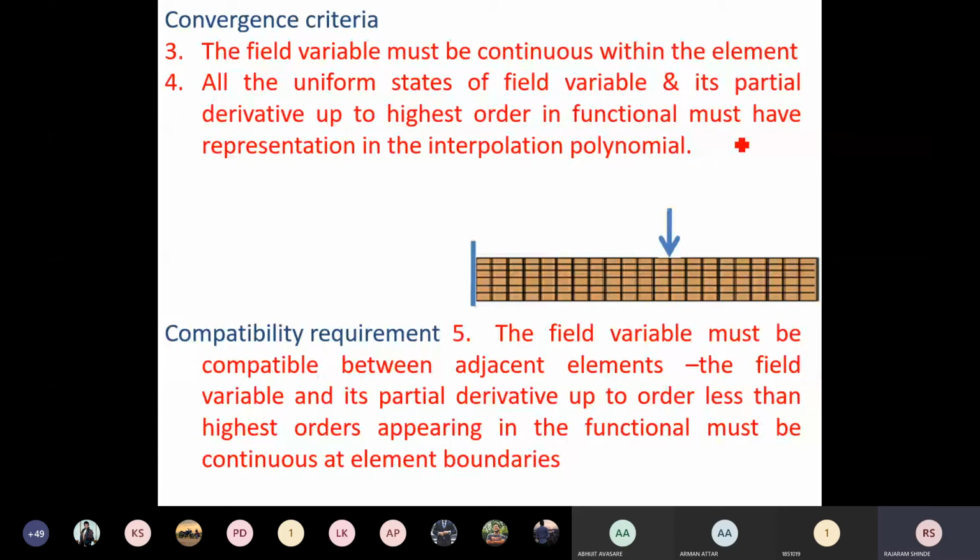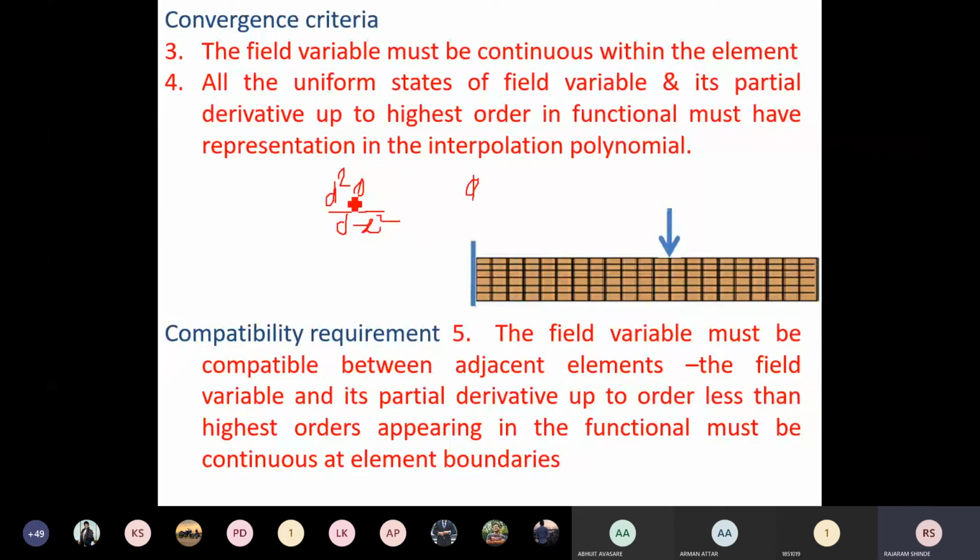That means if you have a differential equation, or if you have a potential energy of order 2, then your polynomial phi must have a representation in this derivative.